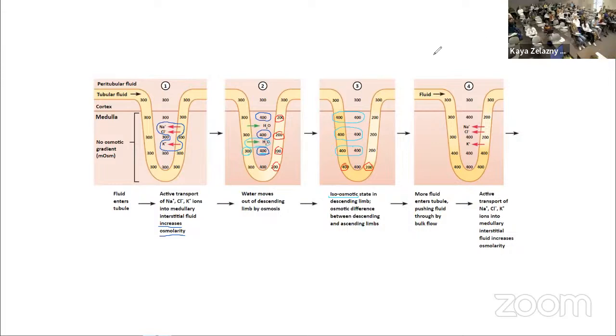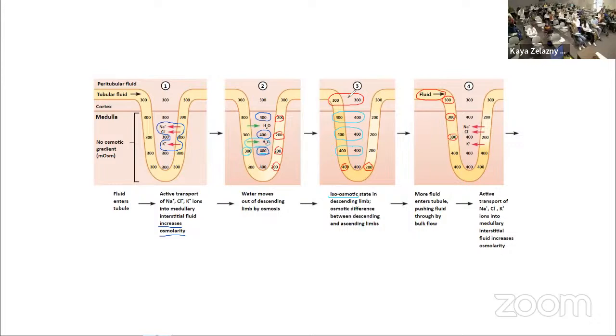So what we're looking at now is that fluid moving forward. The fluid in the cortex is at that same value, that 300 milliosmoles, as the surrounding cortex. So we're pushing forward fluid with this lower osmolarity. It's physically moving down into that descending limb.